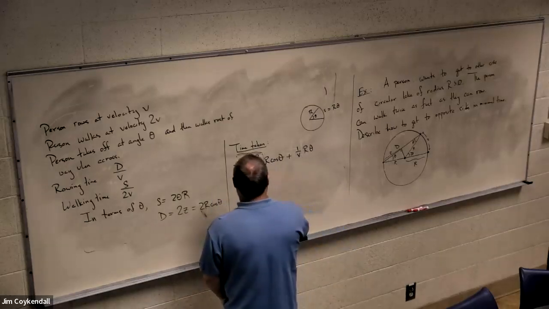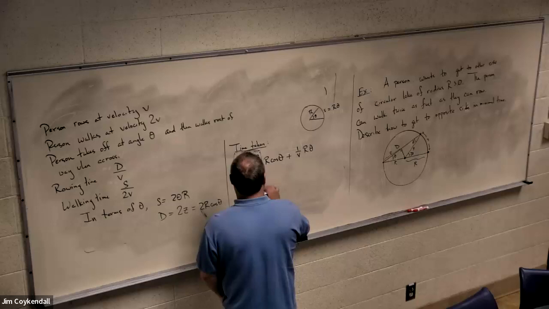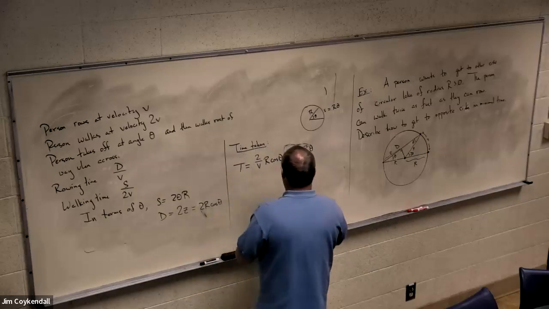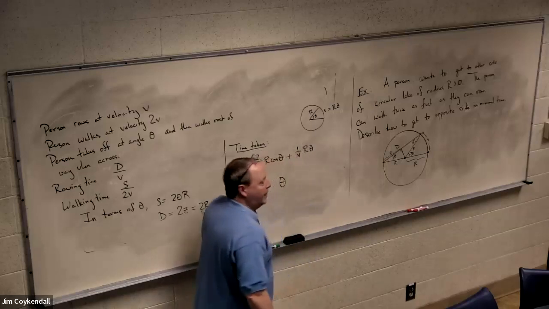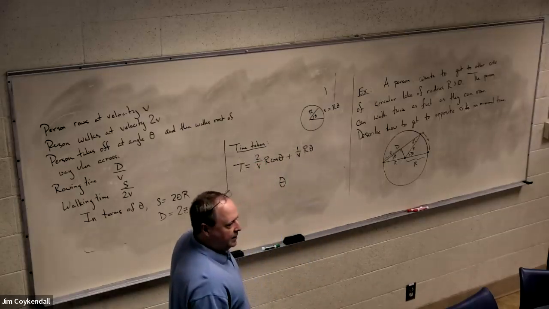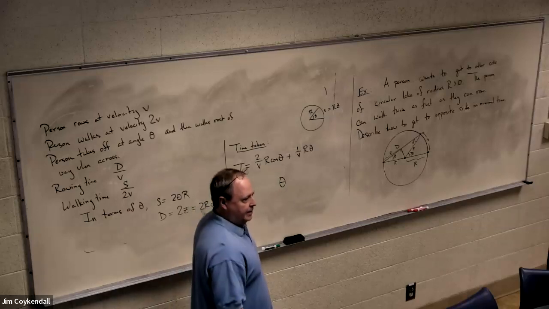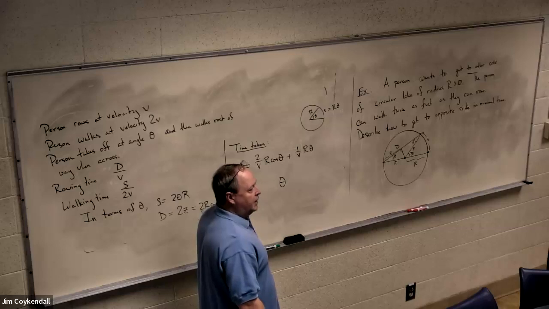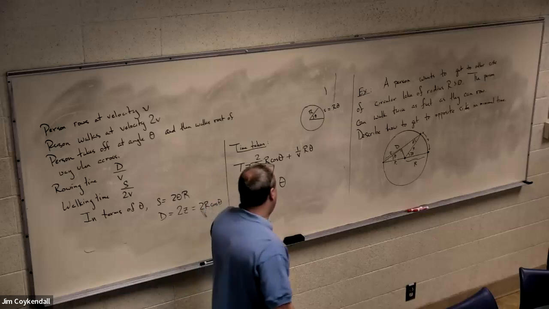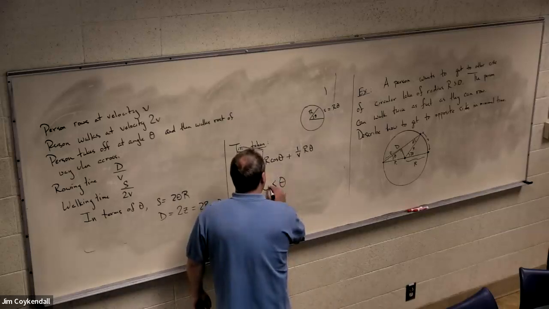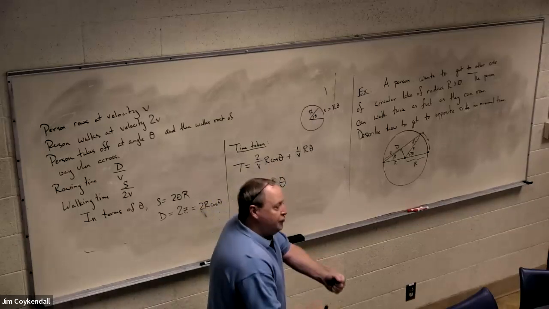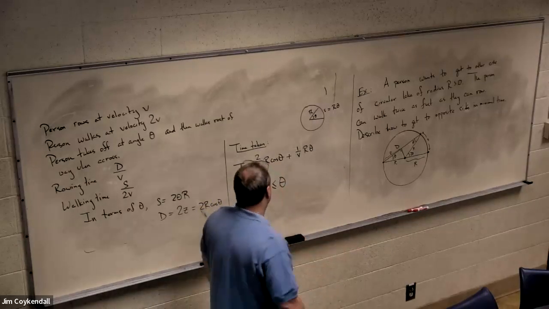What's my domain? What's the smallest value of theta? How small? Zero. And what does this mean physically? Theta is 0: go straight across in the boat, no walking.